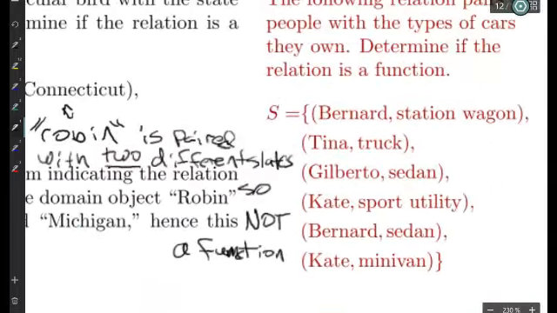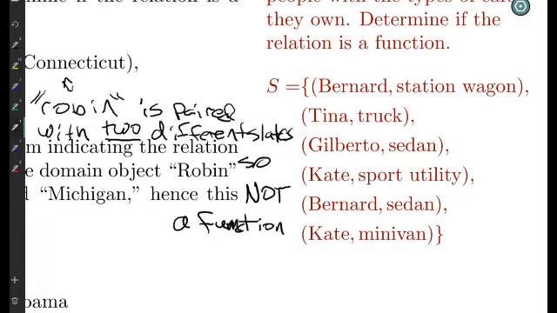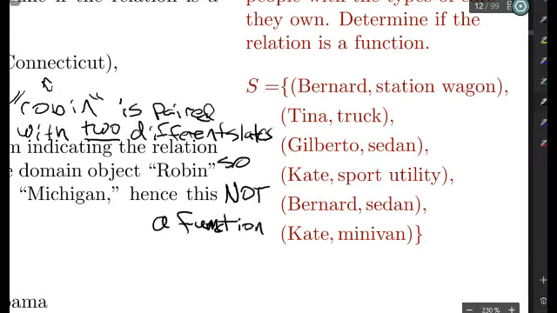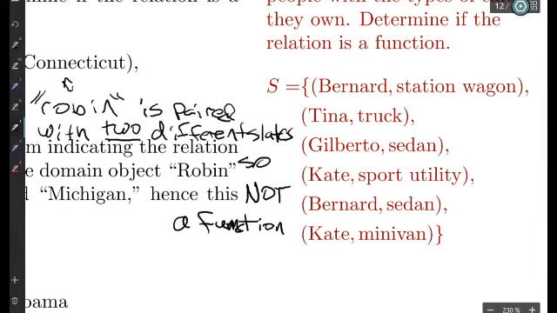We have another you try it here. Let's see, the following relation pairs people with cars that they own. And we scan through, what do we want to do first, right? We want to scan through the elements of the domain, so the elements in the first slots of the ordered pairs.